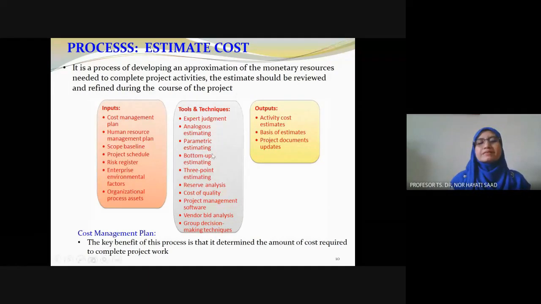Bottom-up estimate is when we have detailed every single thing. For example, for human resource for 1 month, for completion of the activity, you know how many manpower you need and how much salary you should pay.